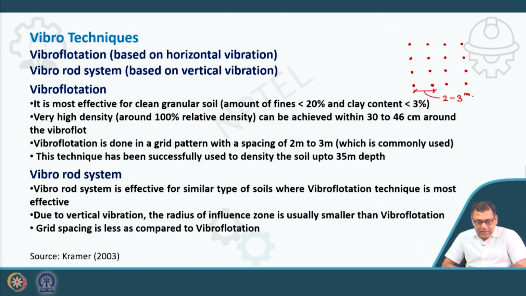Clear? The grid spacing is less as compared to vibro float. For the vibro float the grid spacing was 2 to 3 meter; here it is less because radially the influence zone is much smaller. So the grid spacing is also less in the vibro rod system.